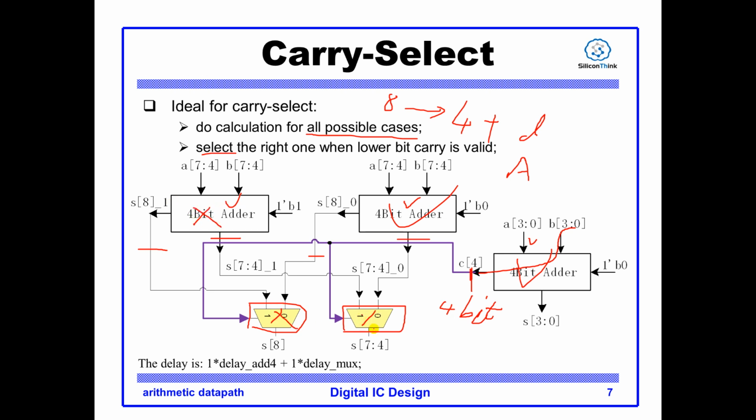So you can say the area is nearly 1.5 times of the ripple adder, a little more. So we trade the delay against the cost of area.